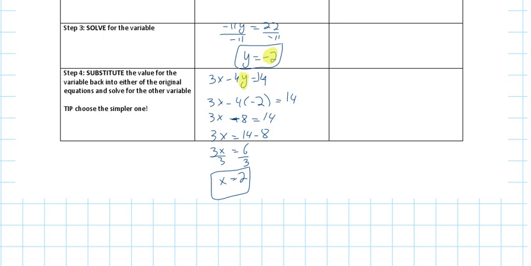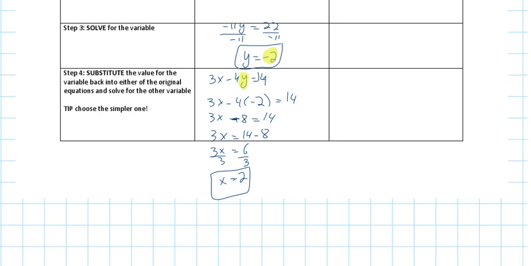Are we okay with this? So now, in order for me to identify if I actually got the right thing, I have to substitute whatever I just got, the y and the x, into my equation, and then check my work by doing the left side equals the right side.